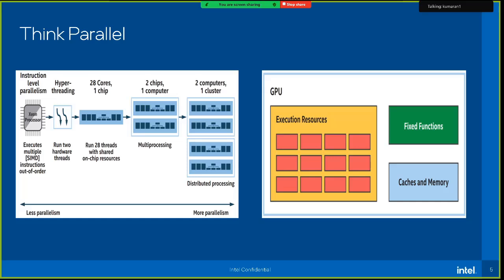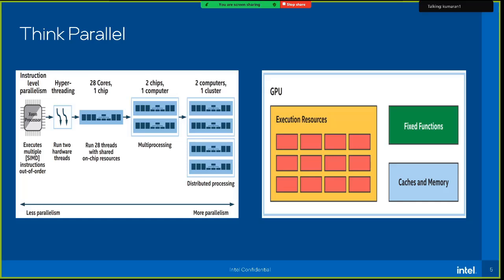For every CPU core, you run two threads in parallel to keep the CPU pipelines busy. Then you have 28 such cores coming together as one chip, and then you have 28 cores running. Then you combine two chips together, which we call multiprocessing, so you have multiple processors now. And then we go ahead with distributed computing. Think of it as a cluster, with lots of servers coming together and offering you the compute capability.